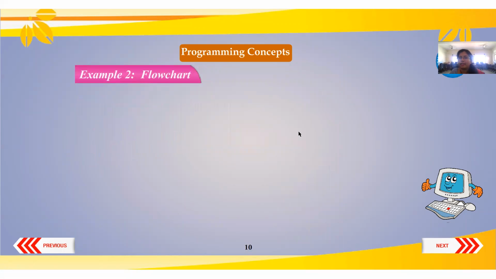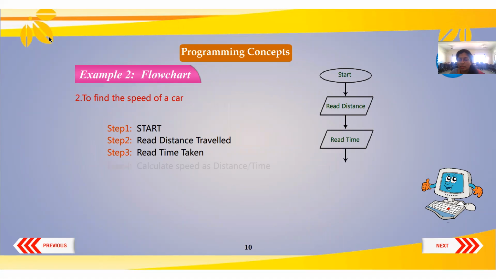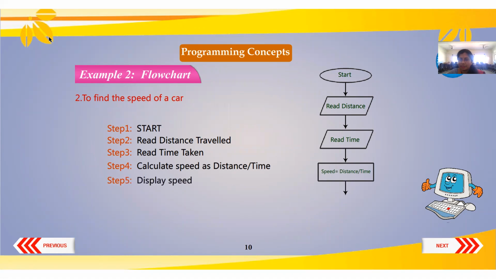Yes. Now let us take one more example quickly for today's video. To find the speed of a car. First step, always start, read the distance traveled. To know the speed of the car, what do we need to do? What are the inputs we need? How much distance the car has traveled and how much time it has taken.